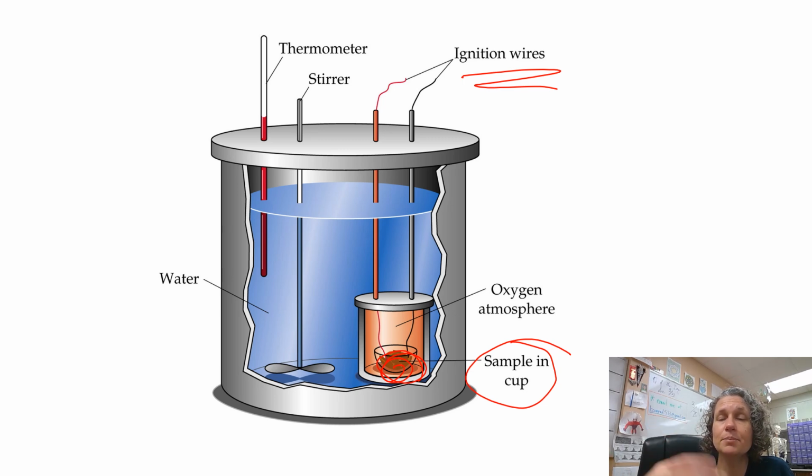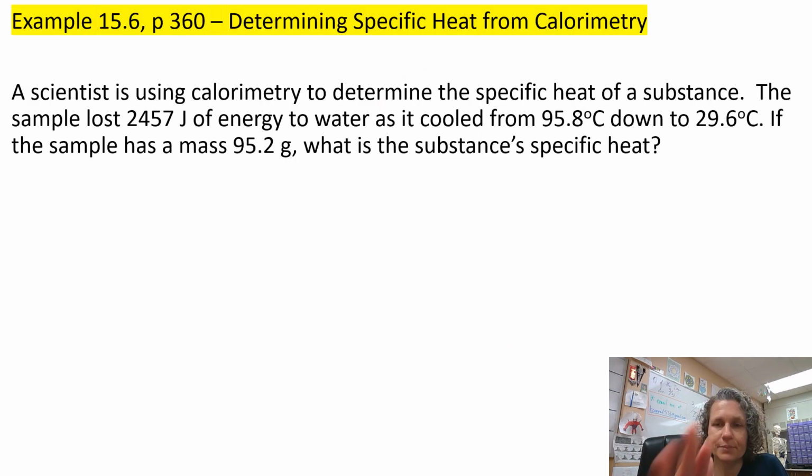We want to heat it up, see how much it heats up. As it gets hot, the water's going to get hot, and then the temperature is going to rise. And then we can go back and determine, okay, if the temperature rose by this much, it means this much heat was produced. And then we can reverse our formula and find the specific heat. Okay. So that's what this example will be about.